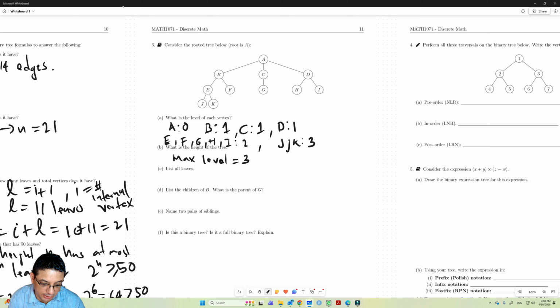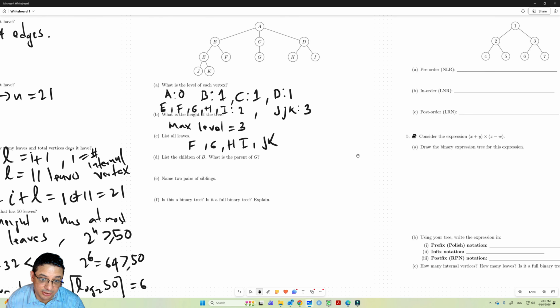Now, if we're listing all the leaves, it is everything that is going to be a vertex with no children. So we can consider F, G, H, I, J, and K. Each of these vertices is not going to have any more children.